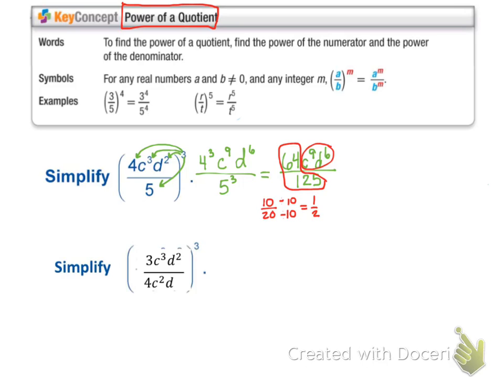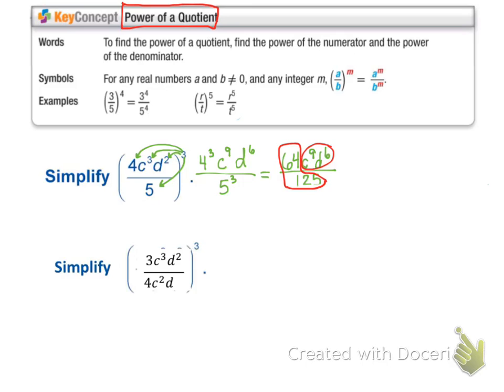So I'm looking to see if I can simplify 64 divided by 125. Are there any common factors? That ends in a 2, that ends in a 5. I can always check with my calculator, type in 64 divided by 125 and hit fraction. I'm pretty sure that's completely simplified. Let's try another one.